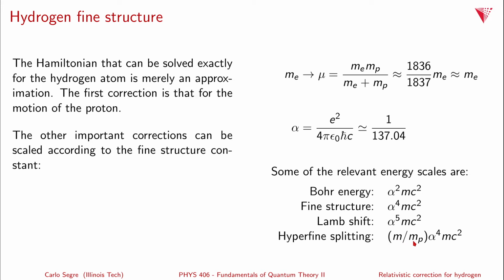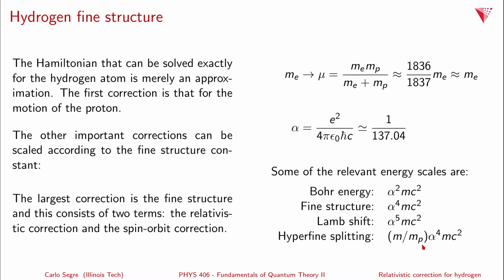So it's another 1,000 down from the fine structure. So typically, we're going to start calculating the fine structure, and then we'll add in the hyperfine structure. So the largest correction to the hydrogen atom is in fact the fine structure. And the fine structure consists of 2 terms. Today we'll talk about the relativistic correction. In the next video, we'll talk about the spin orbit correction.